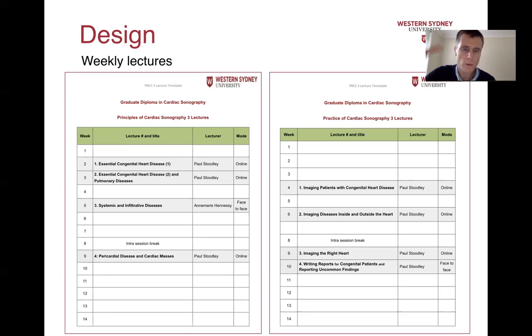A couple of them will be face-to-face, including the one in week 5, when Anne-Marie Hennessy, who's the Dean of the School of Medicine, will give you a lecture on systemic and infiltrative diseases. The reason it's face-to-face is that it'll happen when you come on campus at Blacktown to do some practical skills as well. There'll be one lecture that day, and I'll go into the way that they will run shortly.